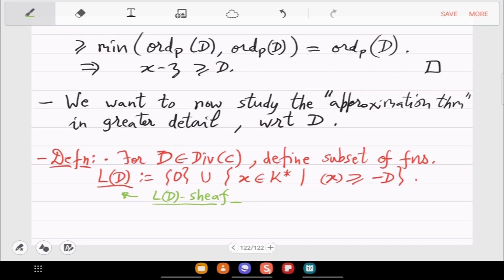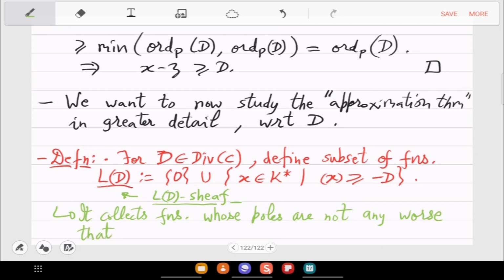In other words, what this is doing is that it collects functions whose poles are not any worse than D. Okay, so think of D as just a point P. What is the meaning of x greater than or equal to minus P?